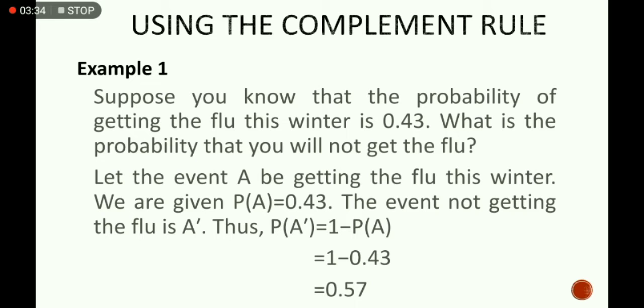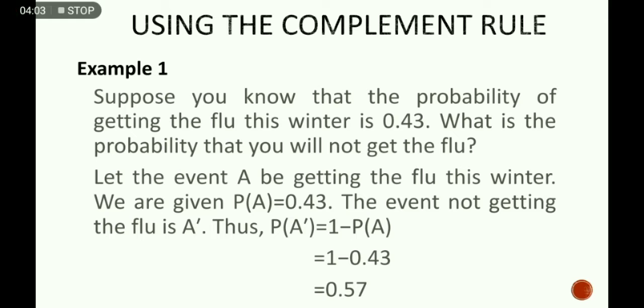So by using lang nung formula na binigay kanina, isa-substitute lang natin yung value. So kung hahanapin naman natin, ang pinapahanap dito ay yung complement ng A. So, gagamitin natin yung 1 minus probability ng A para mahanap yung probability ng complement ng A. So, substitute lang yung value ng probability of A, which is 0.43.